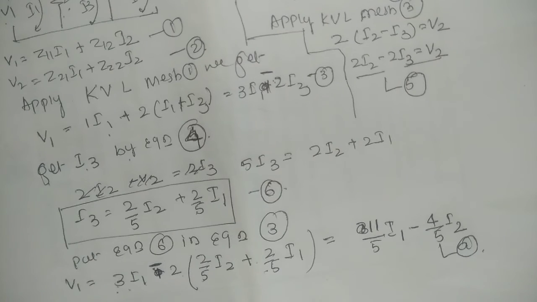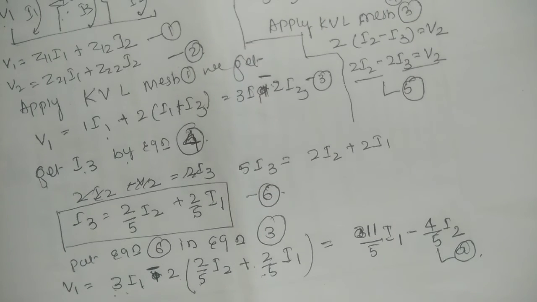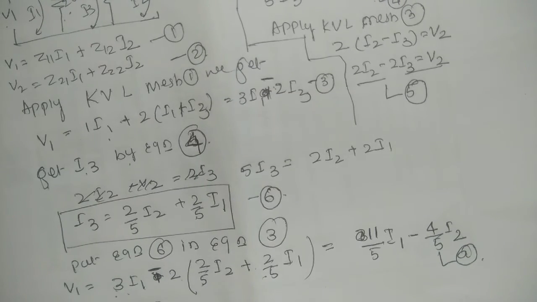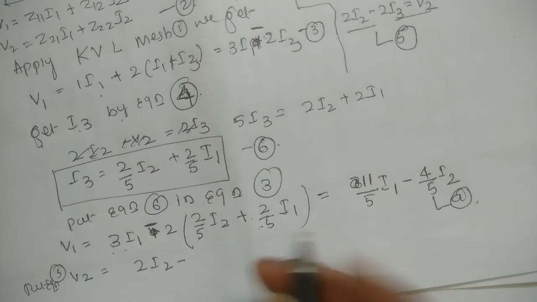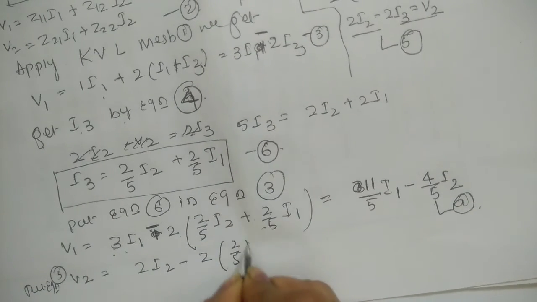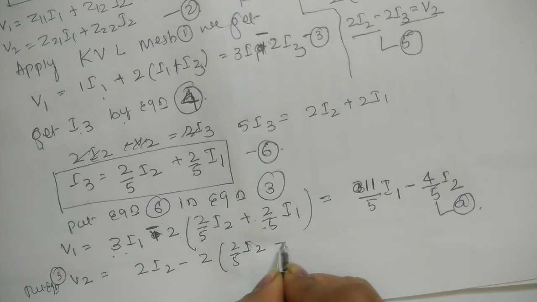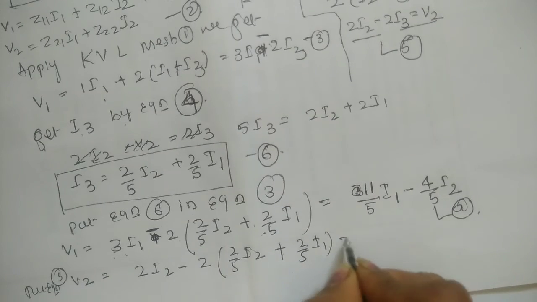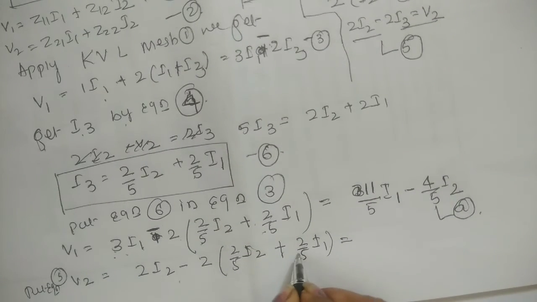V2 equals, put in equation 5. V2 equals what will come? 2 I2 minus 2 into 2 by 5 I2 minus 2 by 5 I1 equals what will you get that one?